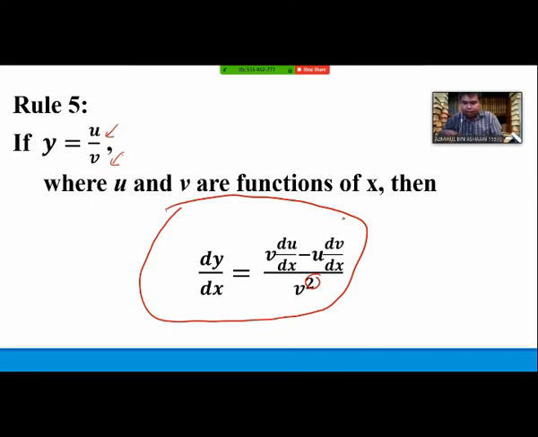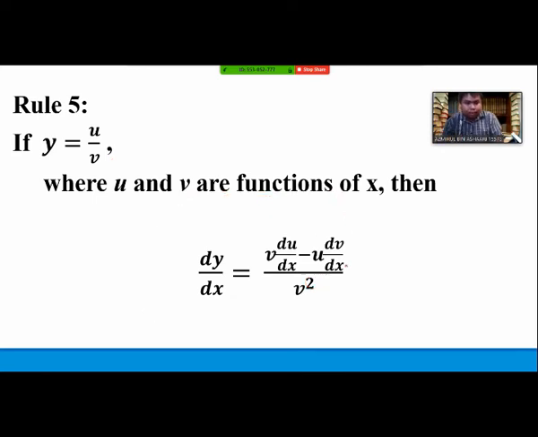To make it easier for you to remember, you can say that V U prime minus U V prime divided by V power of 2. Okay, U prime is du per dx, V prime is dV per dx.